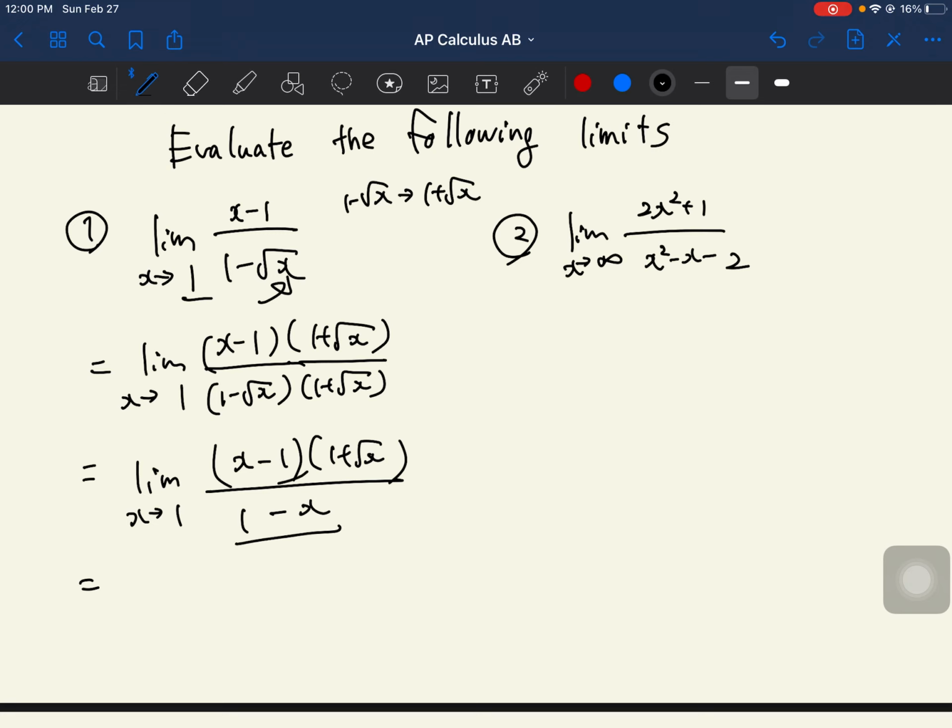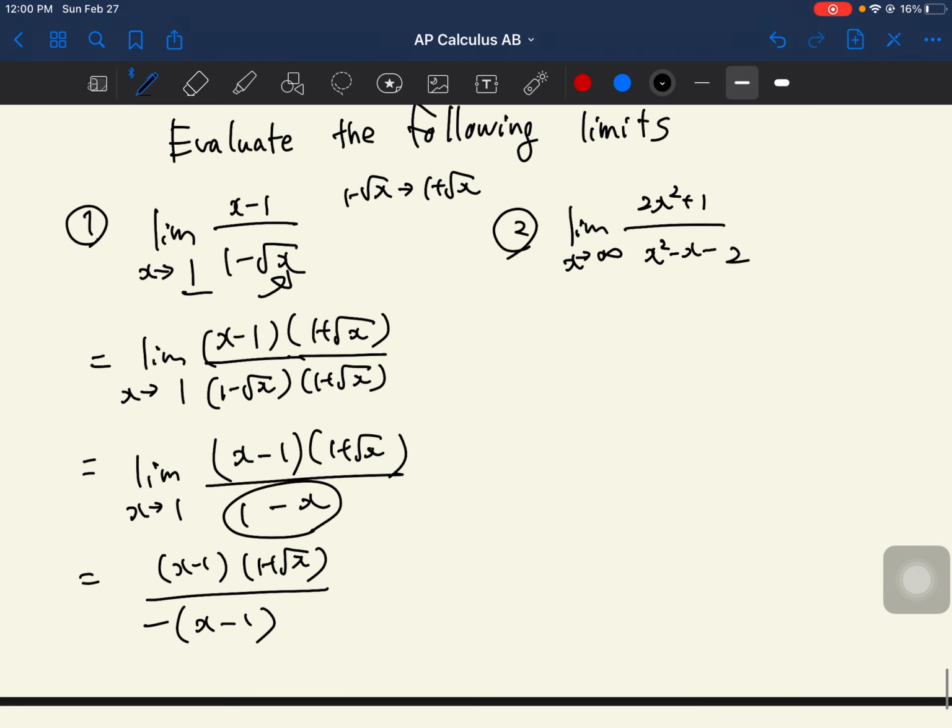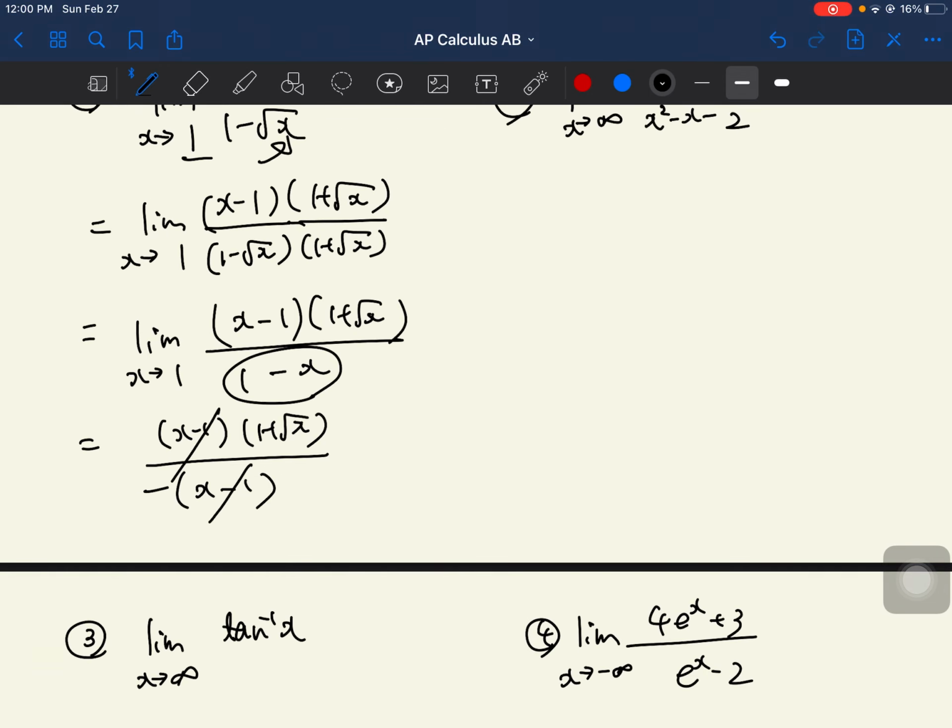So it might look a little bit complicated, but these are actually similar, aren't they? So let me put a negative in front of it, and then let me change it to x − 1. You can change this one into this if you put a negative here. Then now you can just cancel out here.